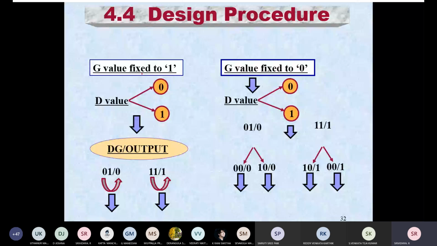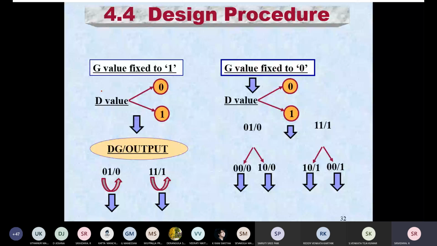So what I have understood is G is going to have two different values. First G is going to be fixed to 1, and then G is going to be fixed to 0. These are the first two conditions I understood from the question. After that, we have another input value. What is the other input value?